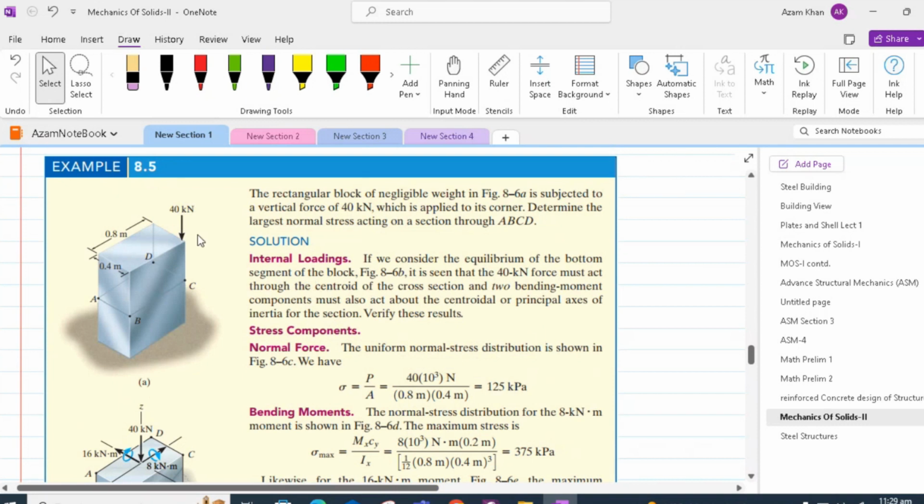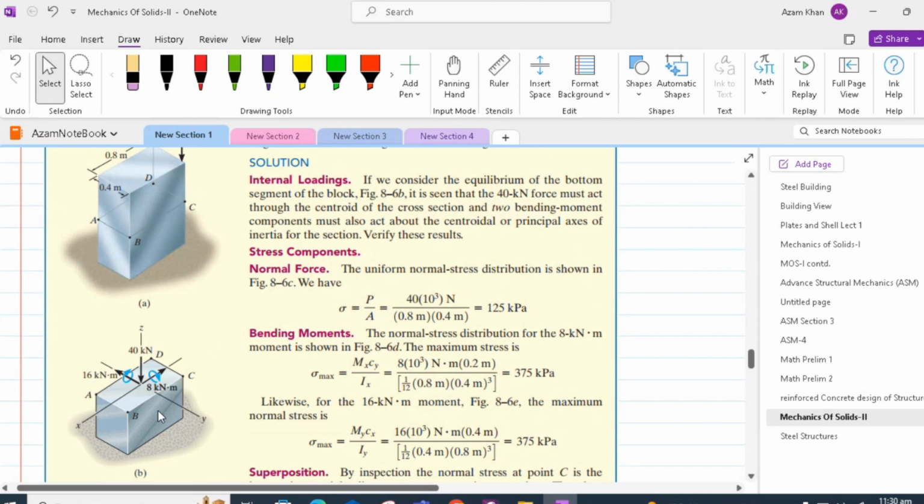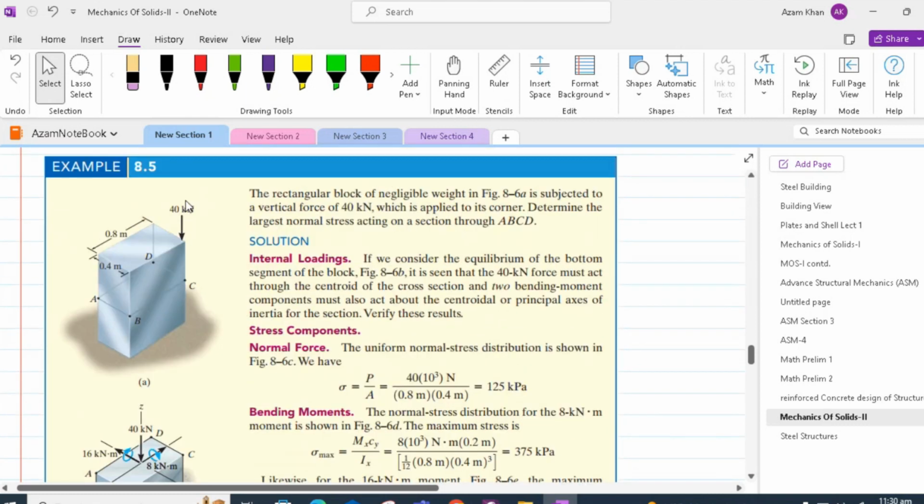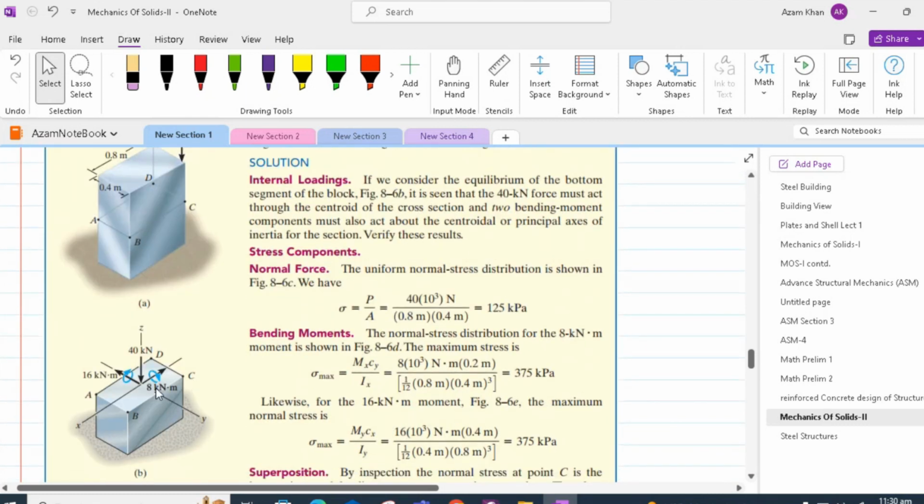As we have discussed, the largest compressive stress will be in the quadrant where this concentrated load is applied, and the minimum combined stress will be in the quadrant opposite where the load is applied. Thus, we can write the normal stress equal to P by A, so 40 kilonewton by 0.8 by 0.4 will give us 125 kilopascals.